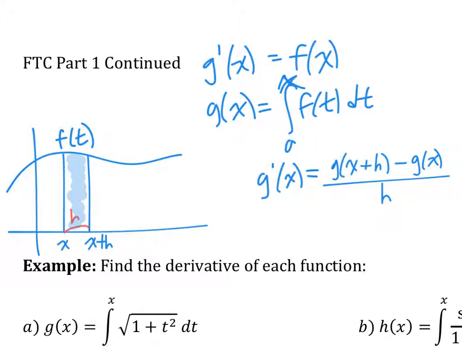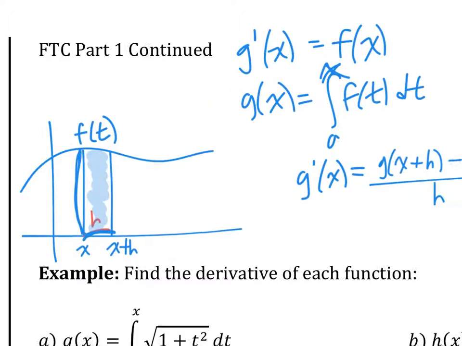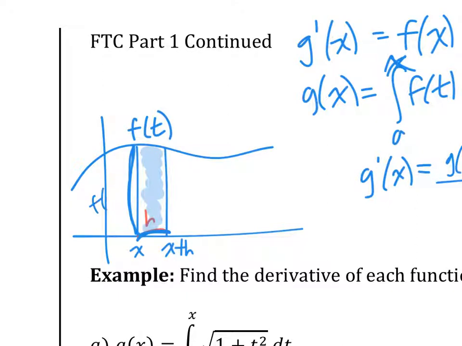Now what happens is we're going to make this h very small, meaning we're going to make the rectangle very, very thin. So then this area becomes h times this height, and this height is f of x.